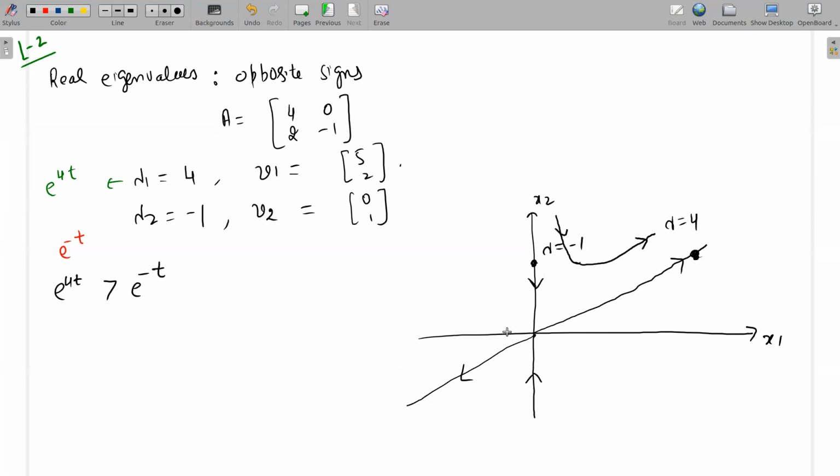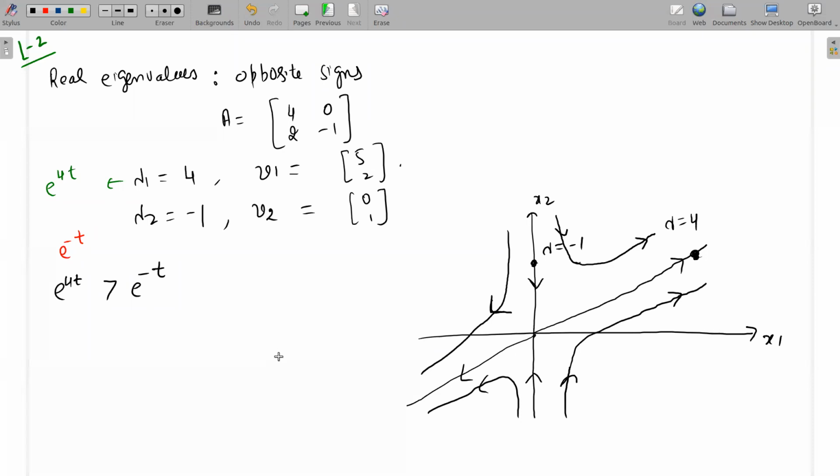This is just an example. You can take any solution near this, going in that direction, but after some time it will go in the e to the power 4t direction. So you can also put an arrow here.